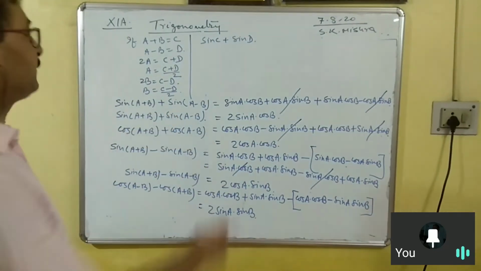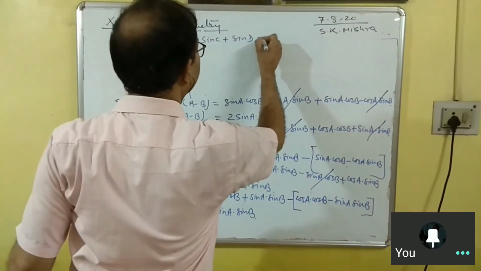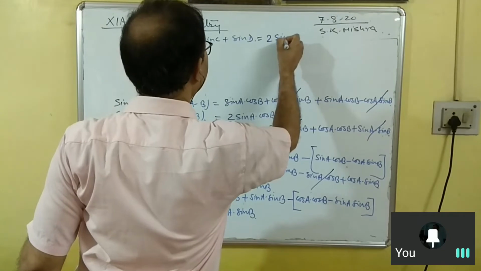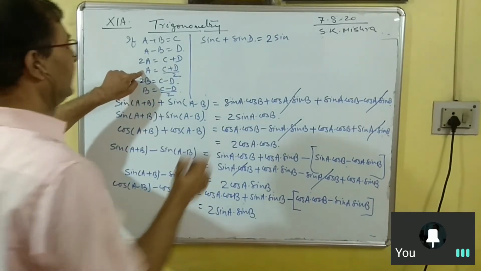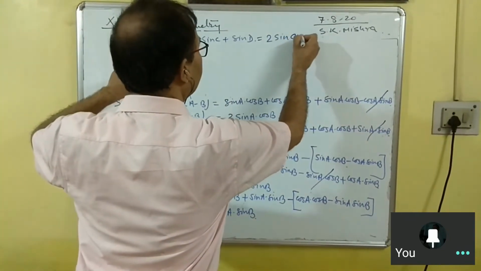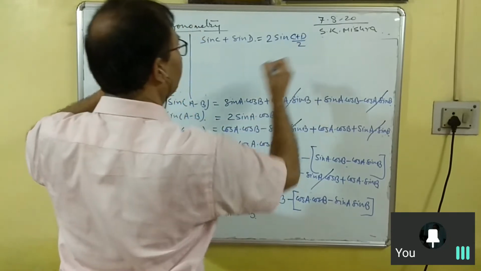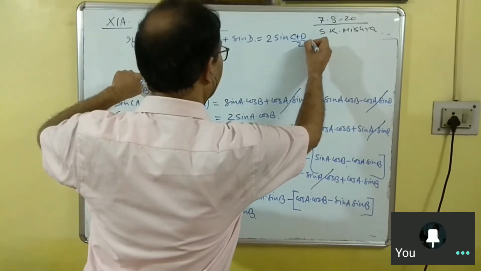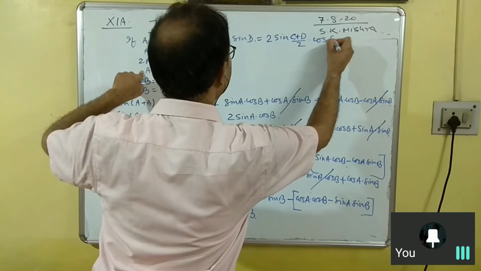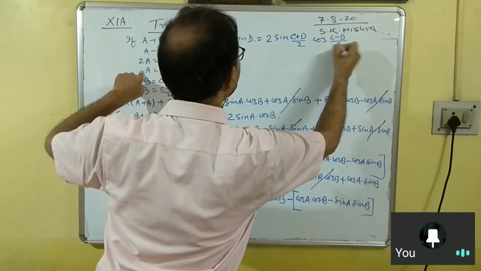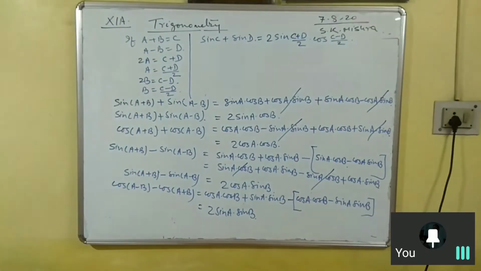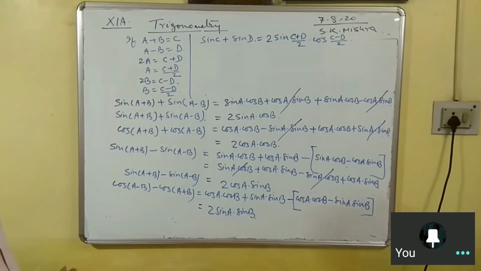Then the formula is 2 sin A. What is A? A is (C plus D) by 2. Then into cos B. B is (C minus D) by 2. This is one of the formulas, sin C plus sin D.